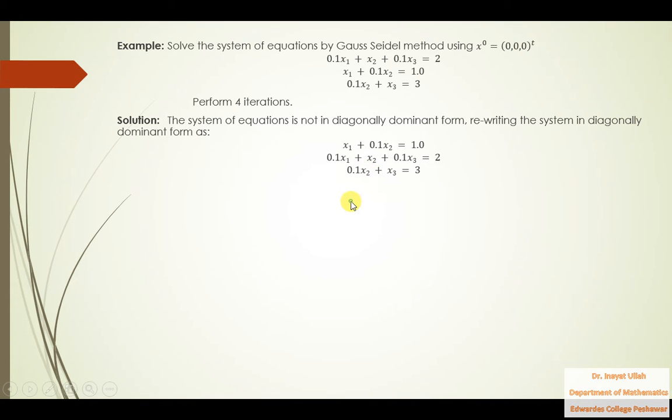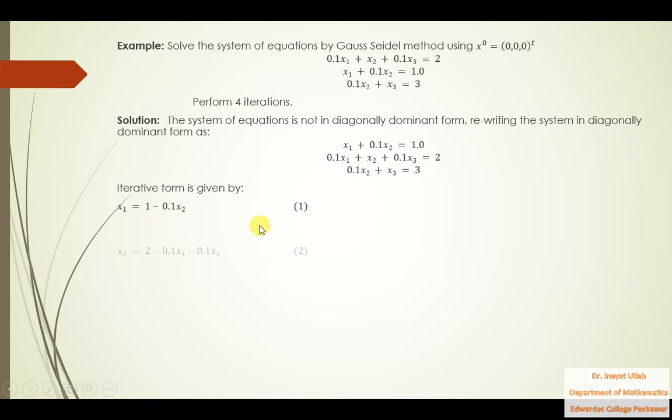Now we will write the system in iterative form. What does it mean? Leave the diagonal term on the left hand side and shift all the other terms to the right hand side. So this is equation number 1: shifting these terms to that side, we get x1 equal to this.